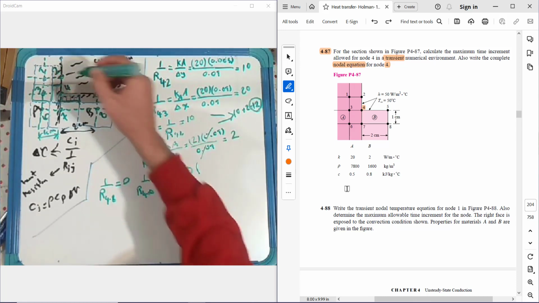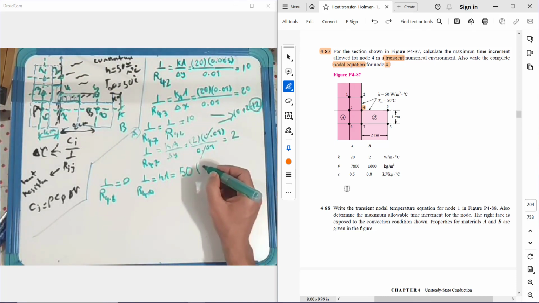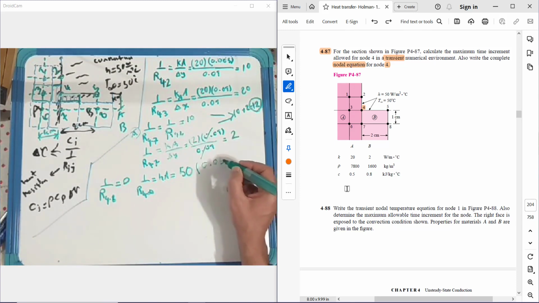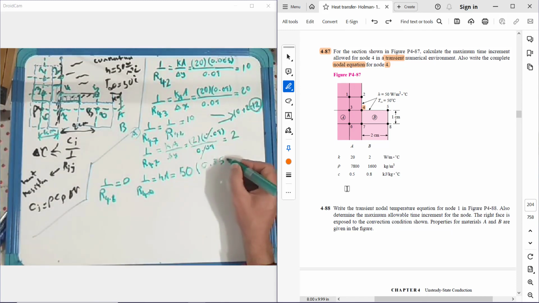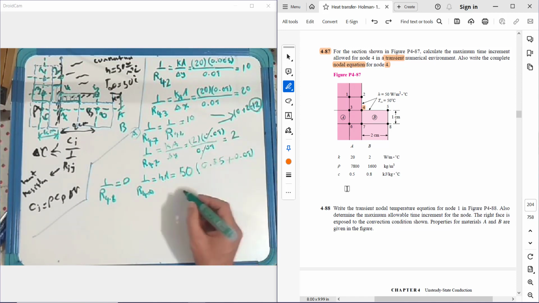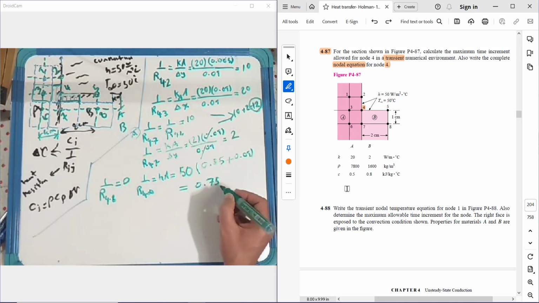Here, from here to here is 50, 1 plus 1 centimeters. Okay, the answer will be 75.